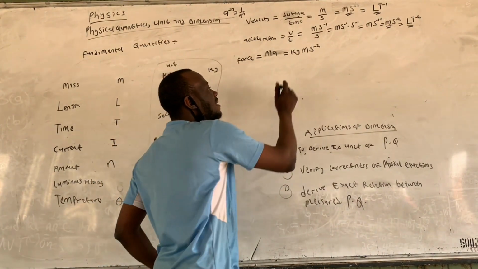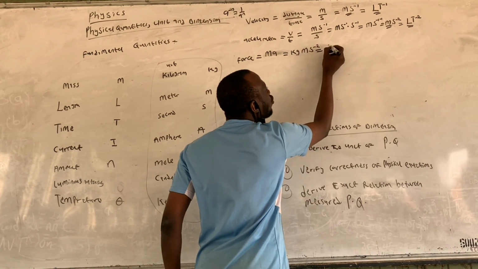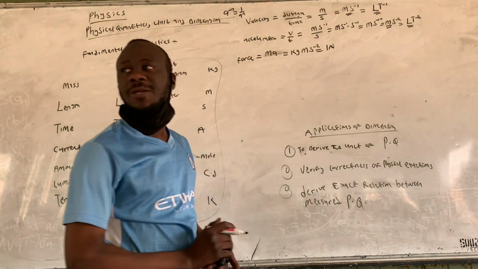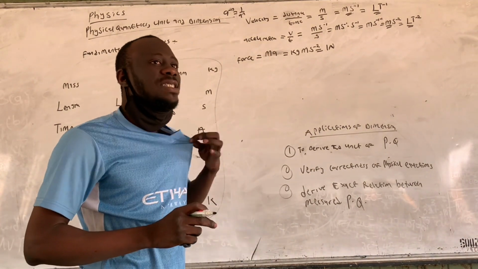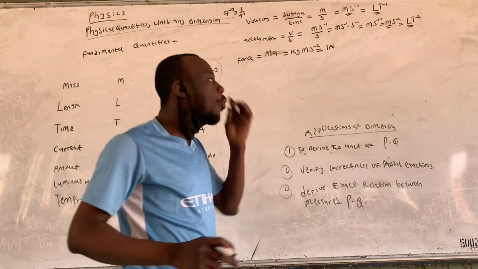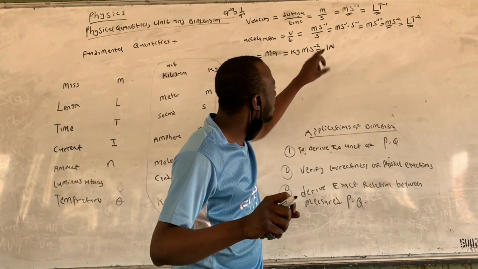So remember, this kilogram meter per second square is equal to 1 Newton. Because conventionally, the SI unit of force is Newton. So 1 Newton is equivalent to kilogram meter per second square.